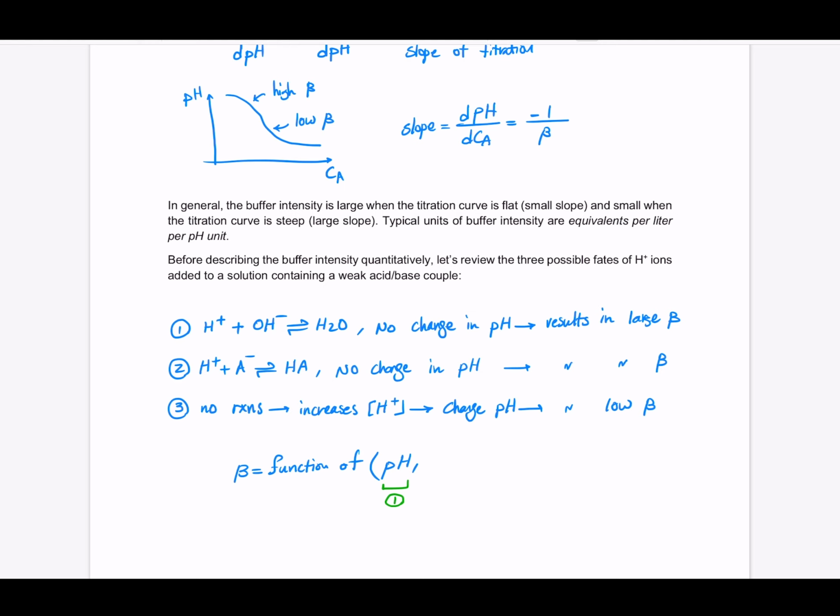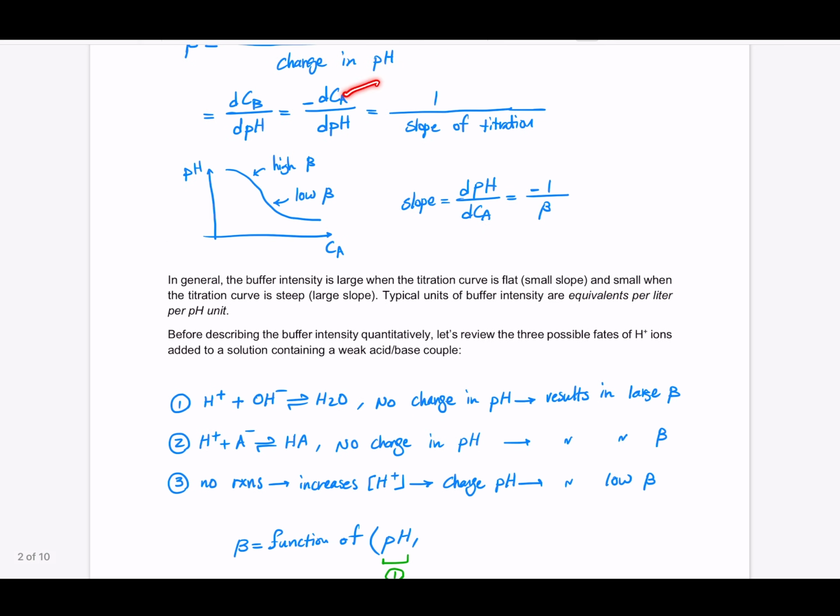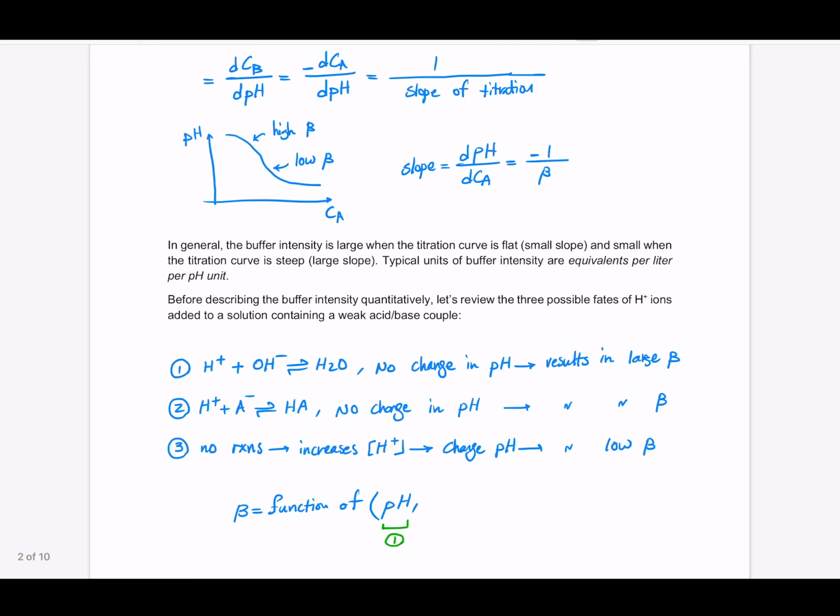If you have 1 millimolar of acetic acid compared to 1 molar of acetic acid, in the second case, you need to add way more Ca to neutralize it compared to the first one. So that means you need way more before the pH changes. So that means bigger buffer intensity for the second case.